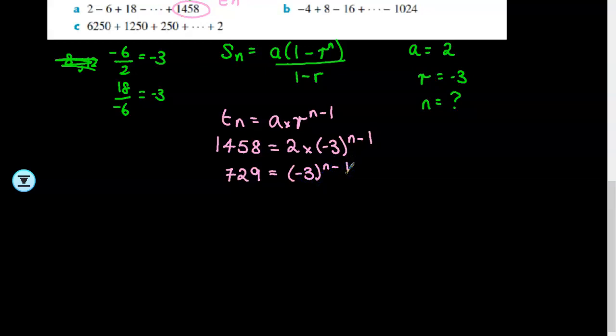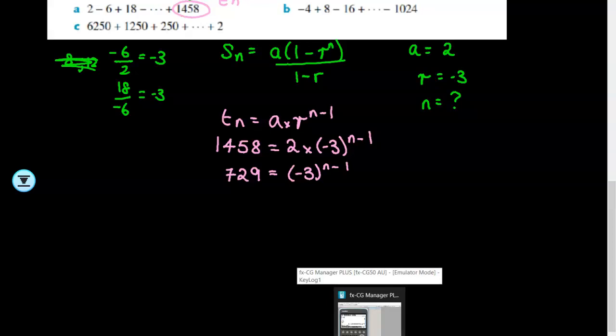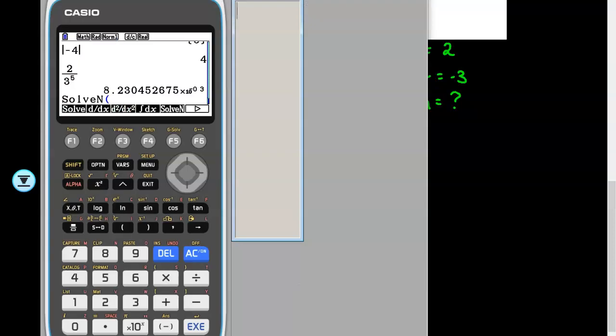Yes? Okay, so hopefully everybody out there definitely knows how to use their calculator. I'm just going to remind you again. So we go over here. We're going to go option, calc. I forgot what I just wrote then. What was it? 7. Oops. Got a bit excited. Solve n. 729. Yes, that sounded familiar.